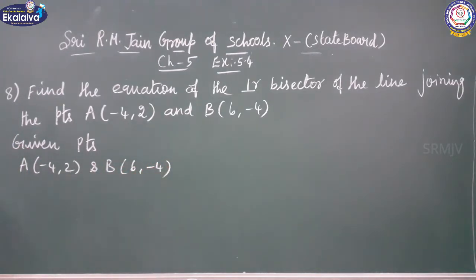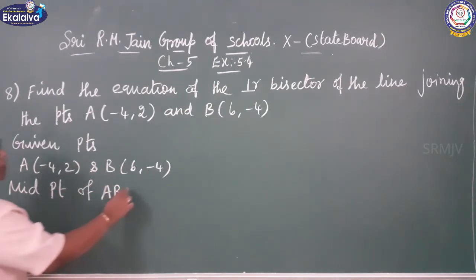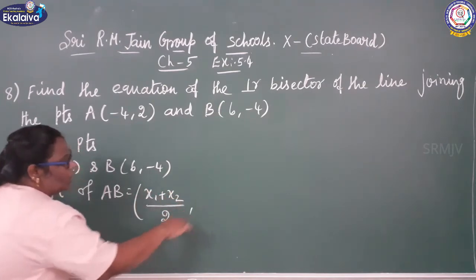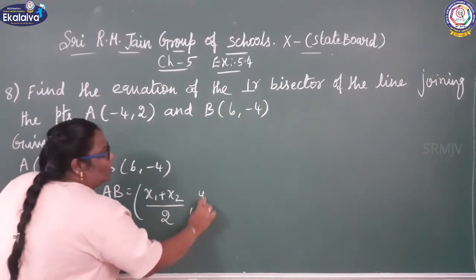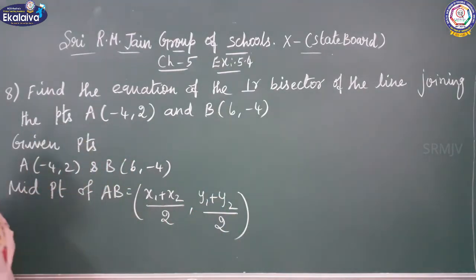Given points A minus 4 comma 2 and B 6 comma minus 4. First you should find out the midpoint of AB. Midpoint of AB, what is the formula? x1 plus x2 by 2 comma y1 plus y2 by 2.